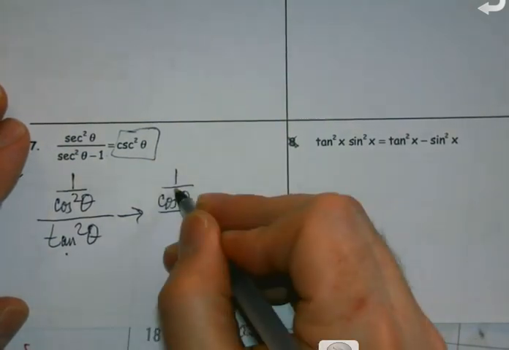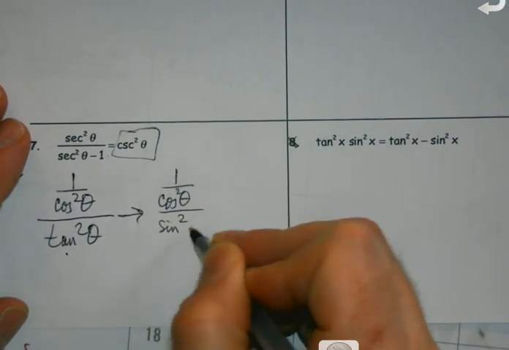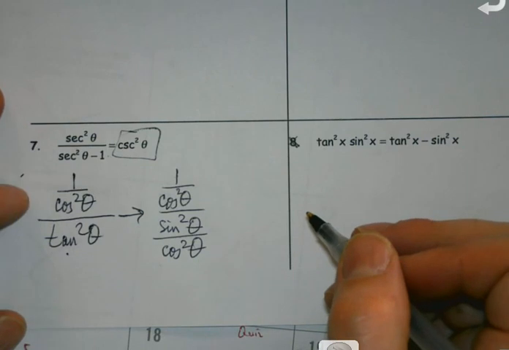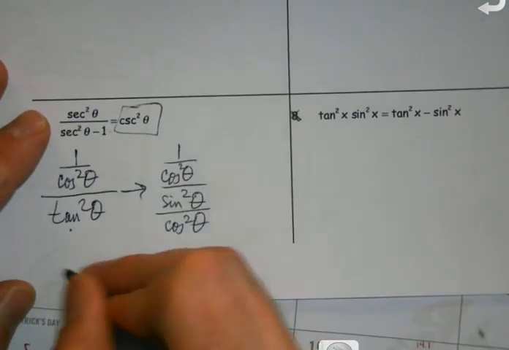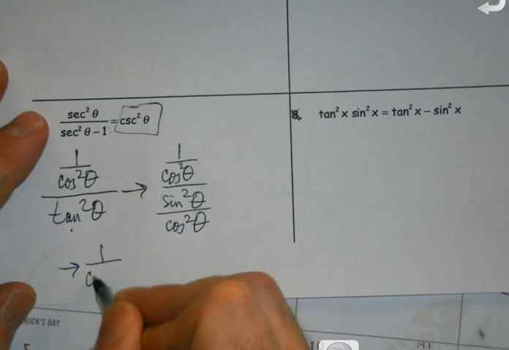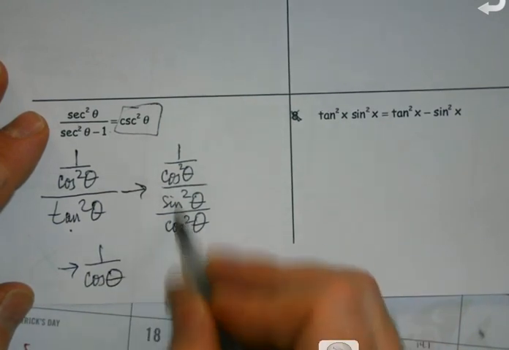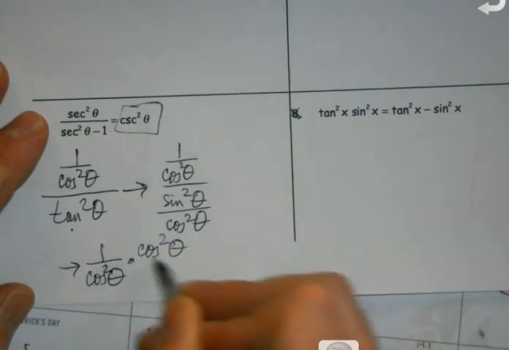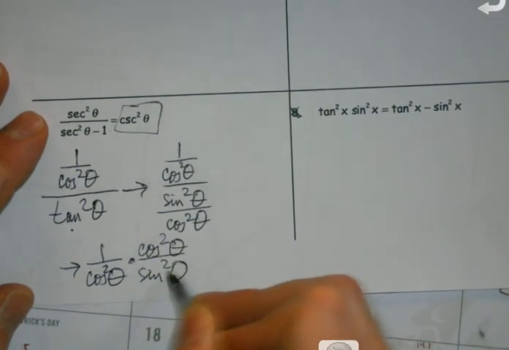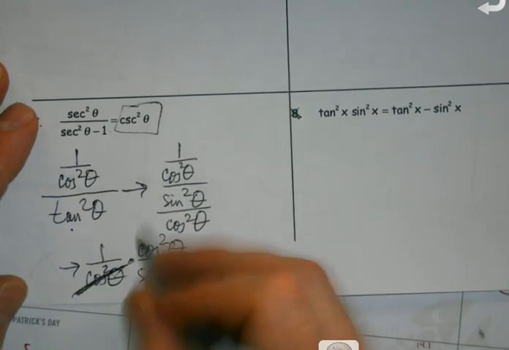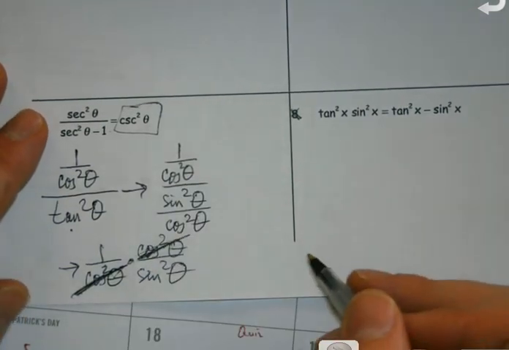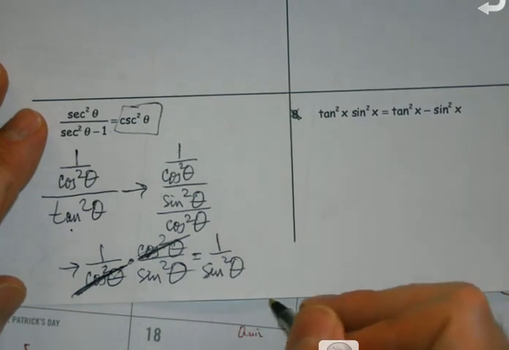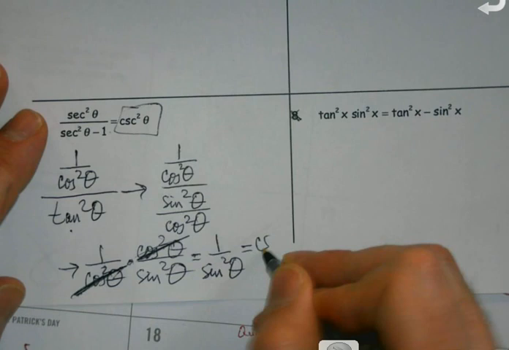So tangent squared would be sine squared over cosine squared. Then you flip it. I leave the numerator alone, and I flip this guy, cosine squared over sine squared. Now that all the minuses and stuff are gone, now I can freely cancel, which is 1 over sine squared, which is cosecant squared. Yay!